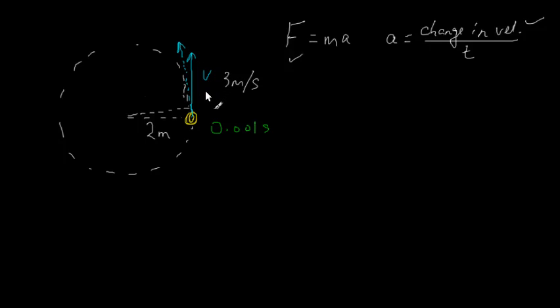The tail of the vector was here at first. It has now moved a little bit to there. Now using the previous way, I can find the difference between the vectors by drawing that triangle.